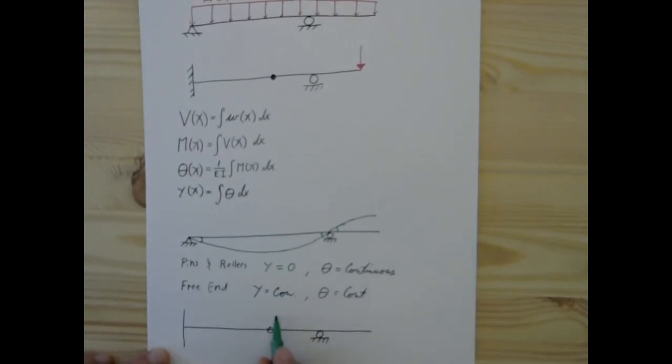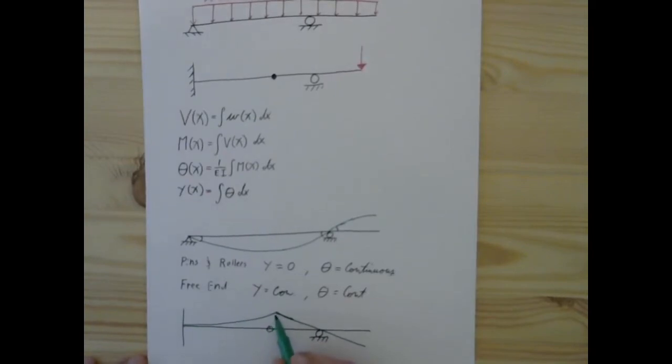We're going to probably have something like that. The rotation here has to be constant on this side and this side. But the hinge is just going to bend up.